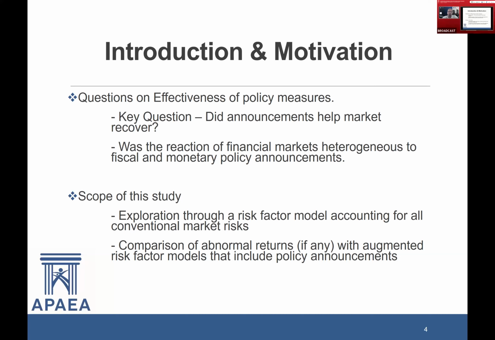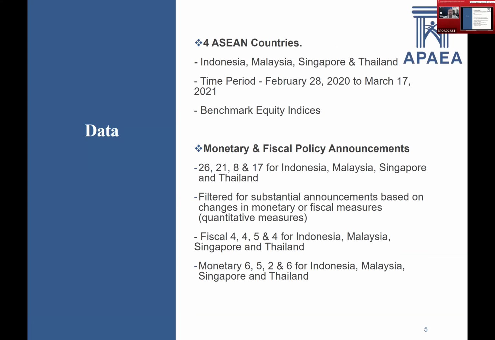So the scope of our study is primarily that we're trying to explore, using a risk factor model accounting for all conventional market risk, the questions that have been mentioned earlier. And also to compare abnormal returns, if any, with augmented risk factor models that include policy announcements, both fiscal and monetary.